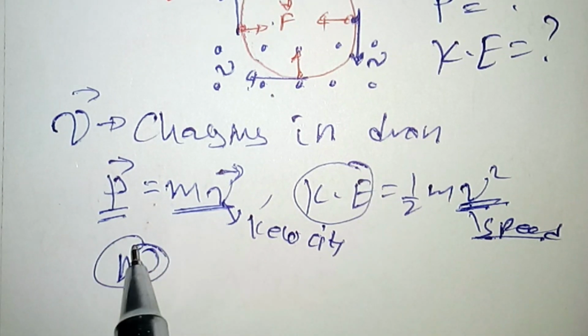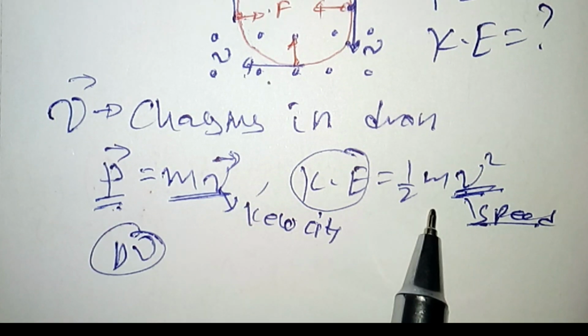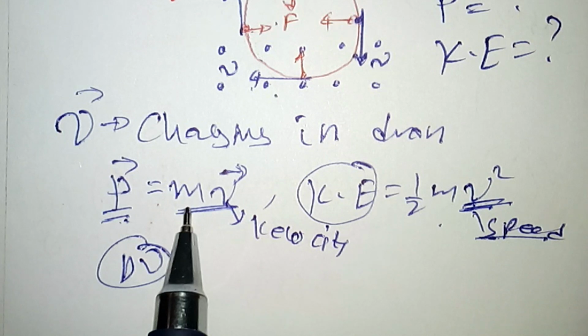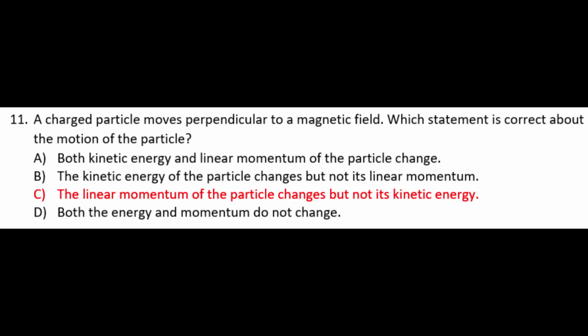Linear momentum changes only in direction, not in magnitude. So the correct answer is that the linear momentum of the particle changes, but not its kinetic energy, alternative C.